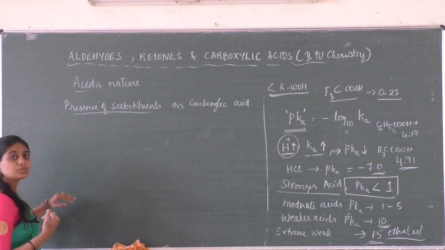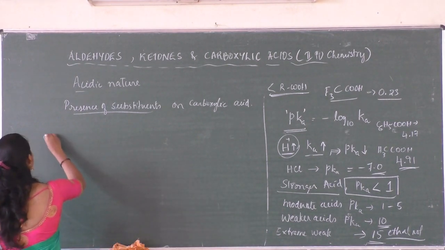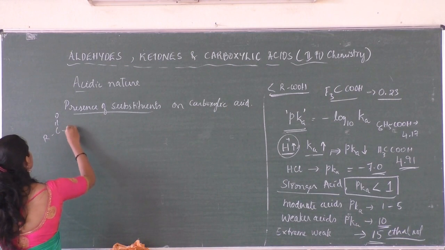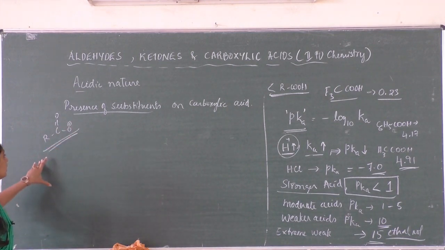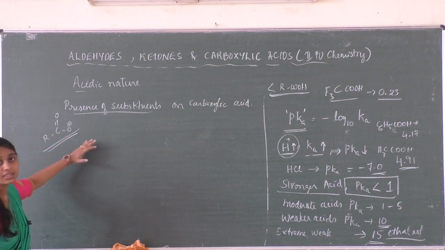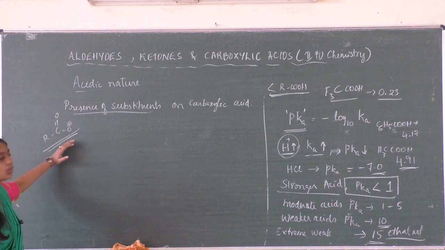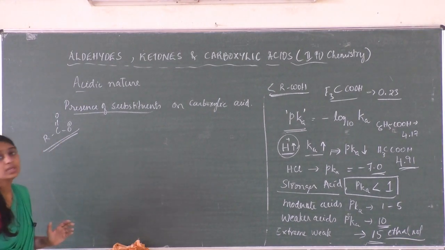Or if the substituents decrease the stability, we have explained the stability of the carboxylate ion, so the acidic character of the corresponding carboxylic acid also decreases.